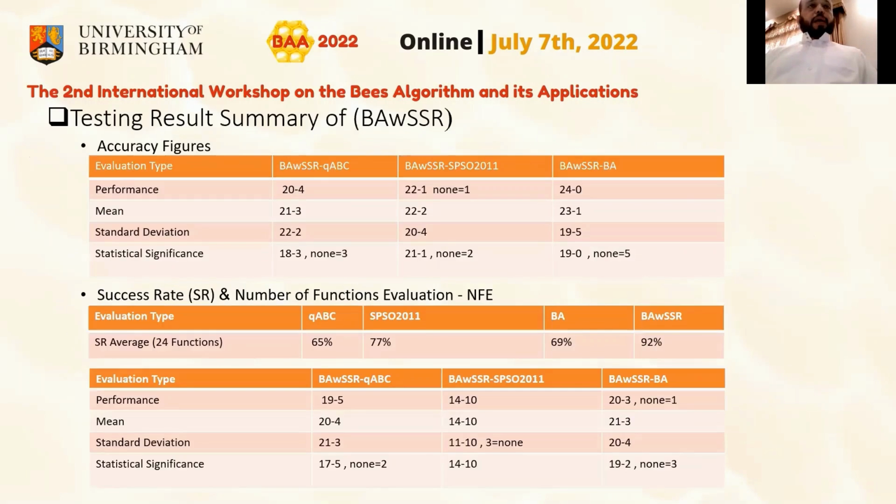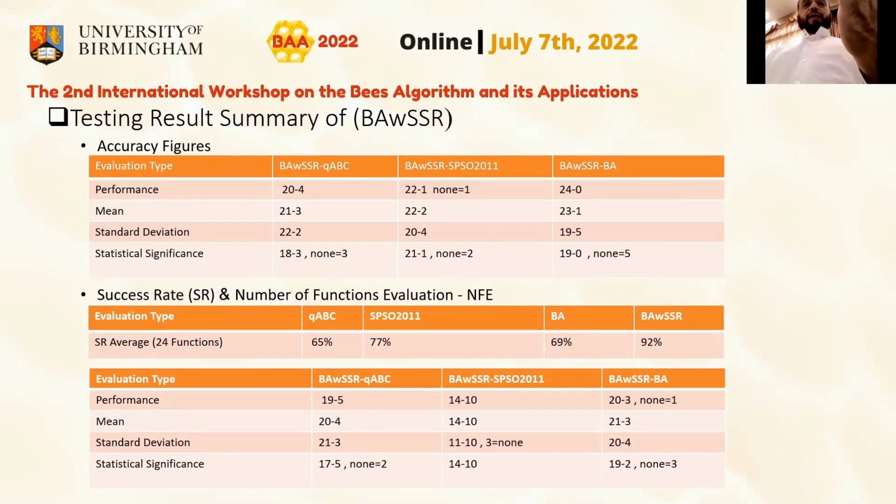Okay. Now we go to the testing results. It's a summary of the testing results. In terms of accuracy, we can see that the proposed algorithm won 20 of the 24 benchmark functions, while QABC won 4.